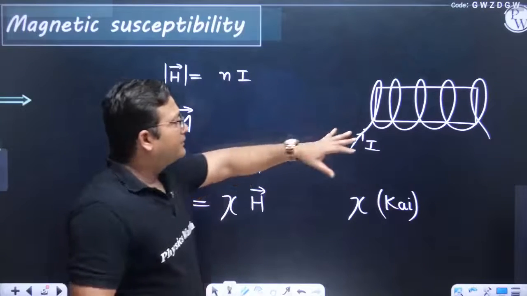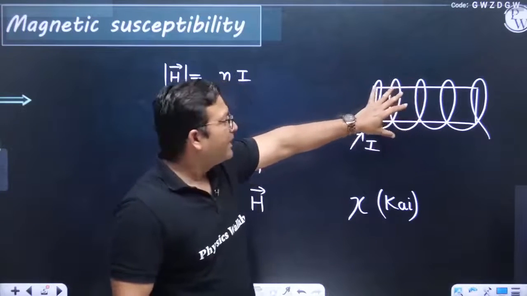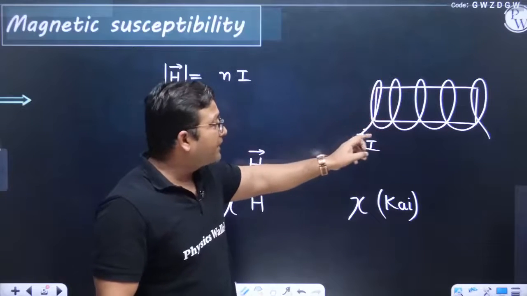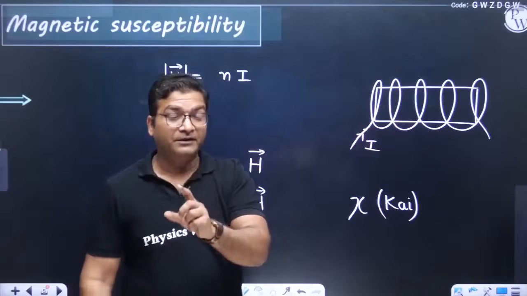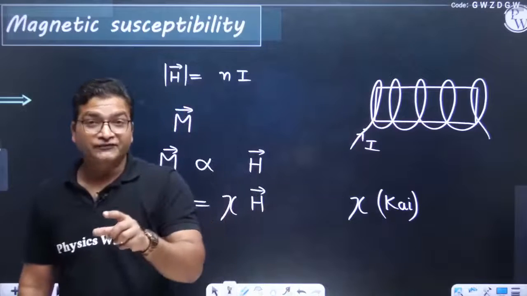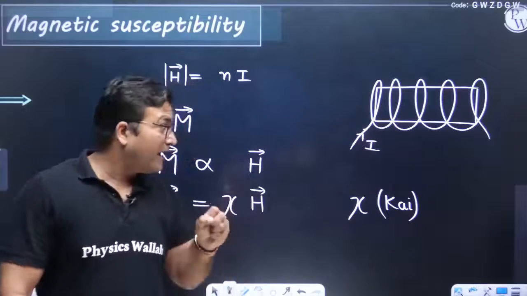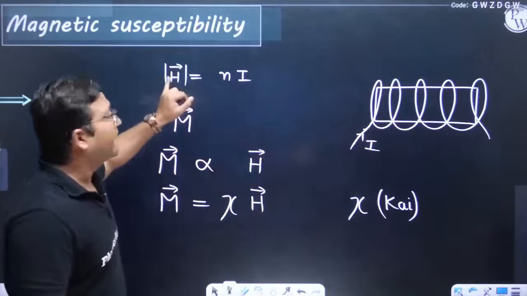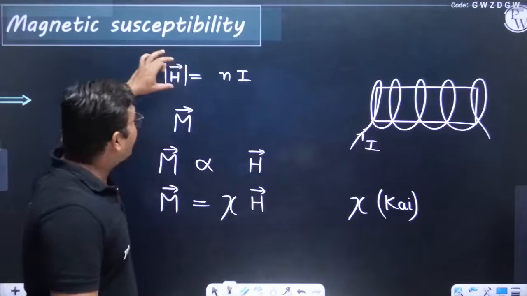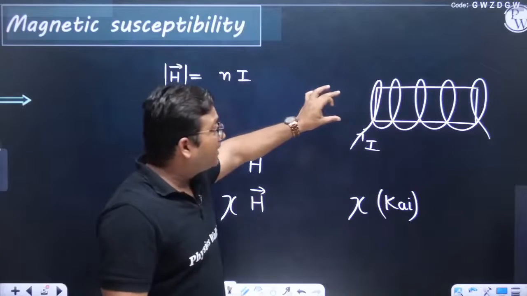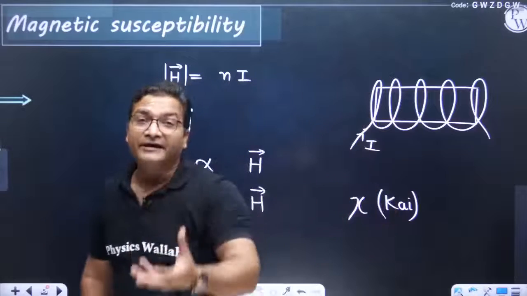Let me take the reference of this. Actually what happened is, the current produced the H field. Remember, the current produced the H field. So current is the cause for the H vector. Then when the H vector is created, the material got magnetized.